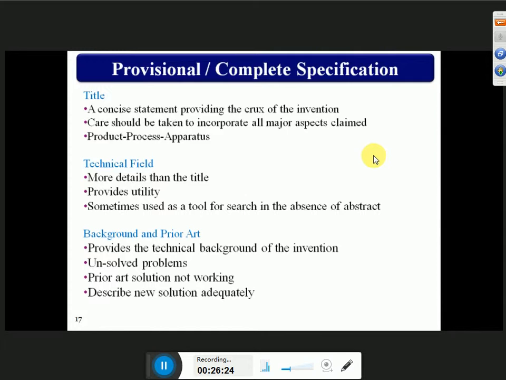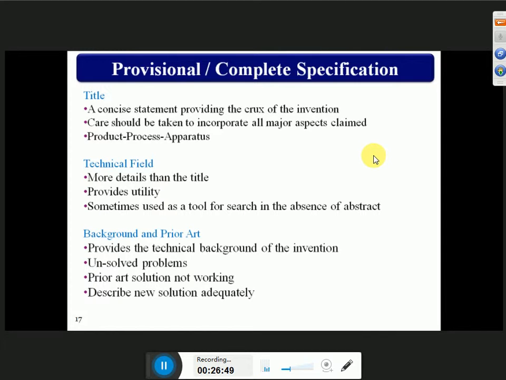So basically, the title is a concise statement providing the crux of the invention. For example, a pen that can write. Your title should not be too short, and it should not be too long. It can be between 10 to 15 words or so. Your technical field should give more details than the title.